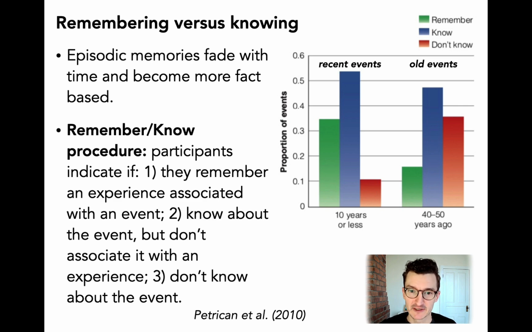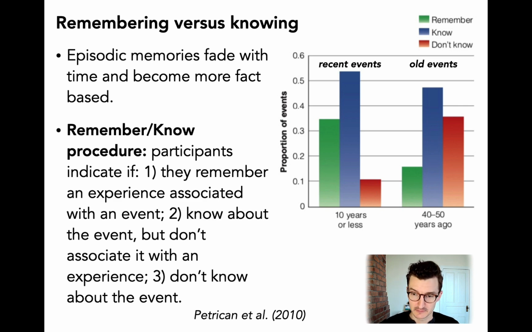You remember that fun day at the amusement park. A semantic memory is something you just know. You know where the beach is. You know what rides the amusement park contains. And those facts aren't necessarily tied to any particular episode. And so what we see is that episodic memories, as they age, actually lose their episodic character and become more fact-based.